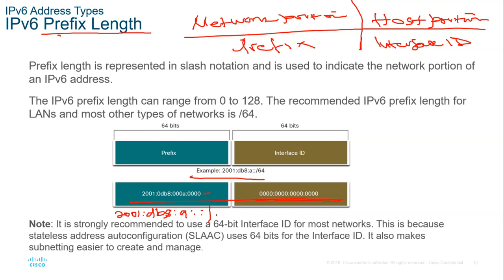And then the prefix length is 64. So in other words, the 64 bits here have to be uniform, meaning that it will bring in the zeros here, because here we have 16, 16, /64. So all these have to be uniform, and then these other 64 are the ones that keep on changing.